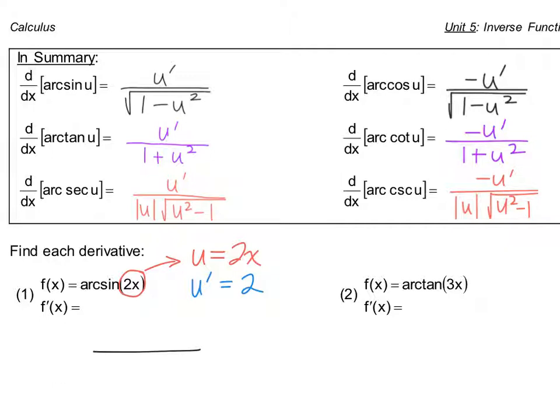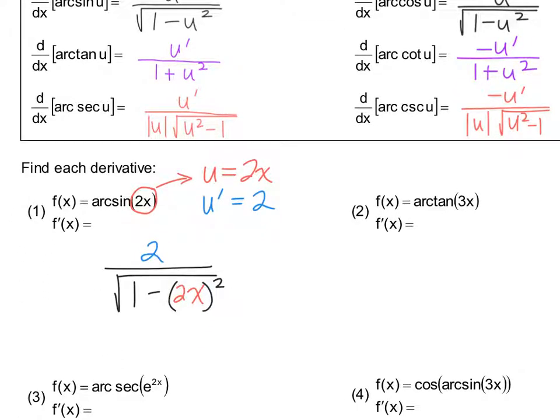So the 2 would go on top. On the bottom, we'd have 1 minus my u in its original form of 2x as a quantity squared. And if I needed to clean it up, I could pretty easily get to 2 over the square root of 1 minus 4x squared.